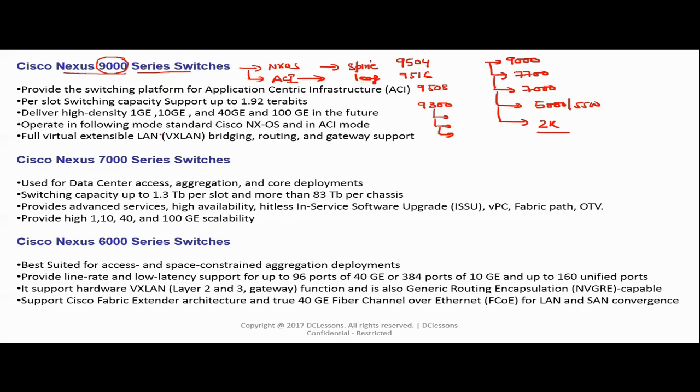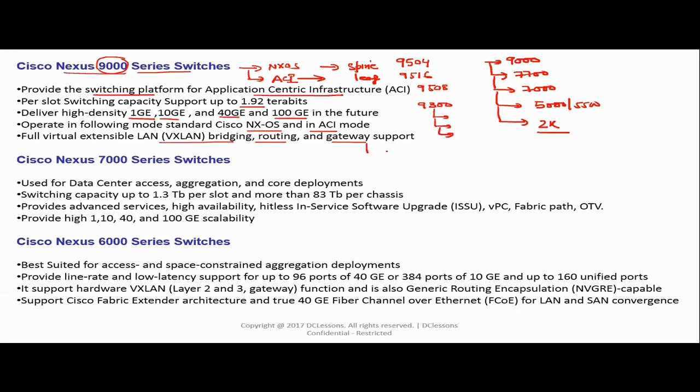The Nexus 9000 works as a switching platform for the application centric infrastructure. They support up to 1.92 terabits of switching capability. They provide 1 gig, 10 gig, 40 gig, and now 100 gig connection methods. It works in NXOS mode and in ACI mode, as I already discussed. The Nexus 9000 series provides VXLAN bridging, routing, and gateway support.